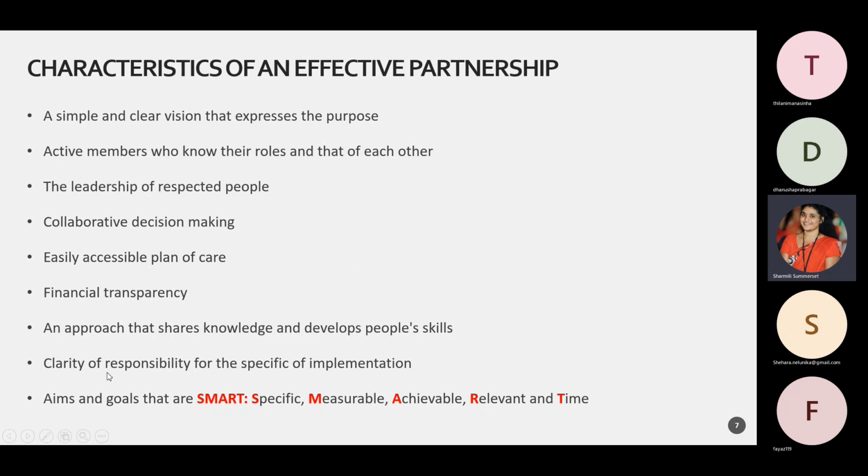Whenever, in collaborative work, you are developing aims and goals, they should contain this SMART approach. If it is a SMART approach, then you have an effective collaboration, because all these characteristics are simply explained by this SMART approach, right? So this is regarding the characteristics of partnership working.